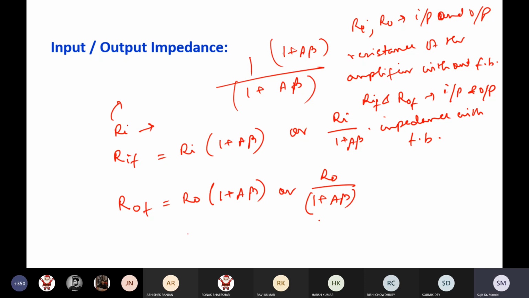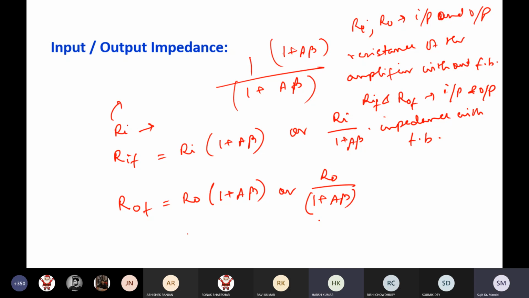So what you can see, now can you tell me for one ideal voltage amplifier, what should be the input resistance and what should be the output resistance? Sir, input resistance should be low and output should be high. So RIF should be this one divided by this and ROF will be multiplied.